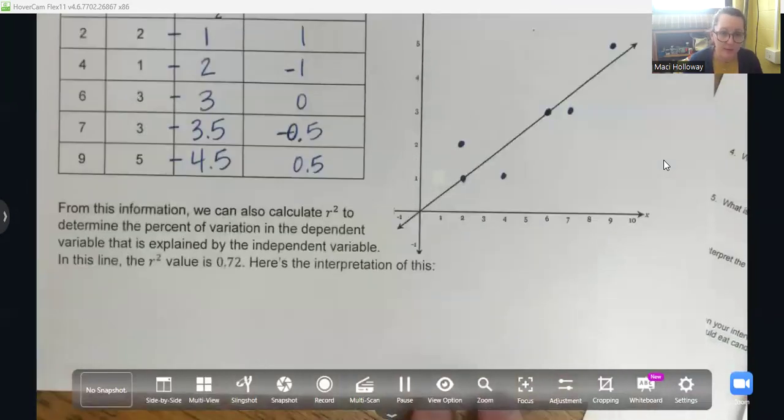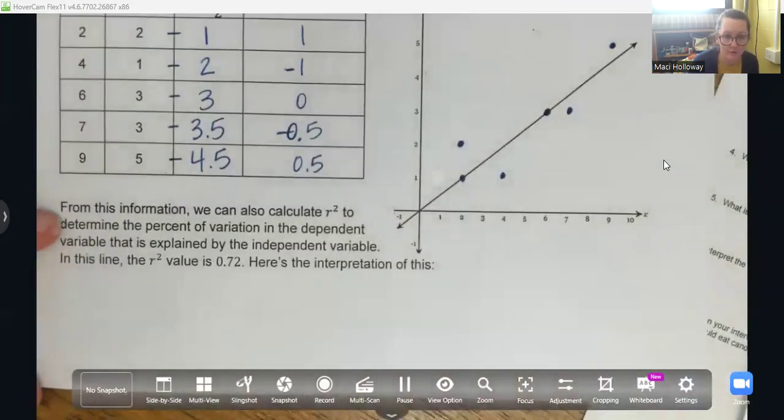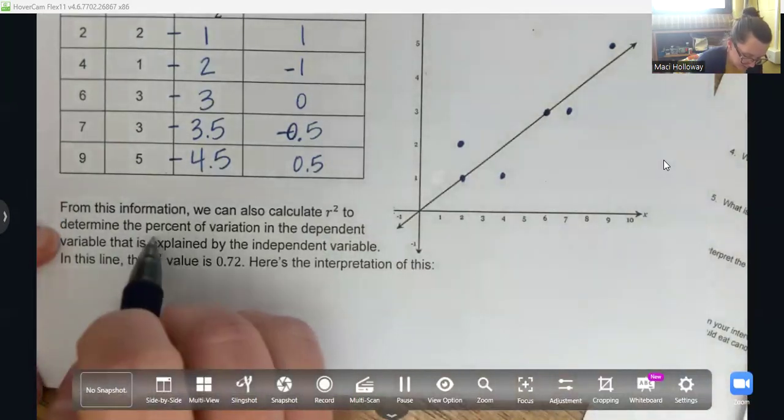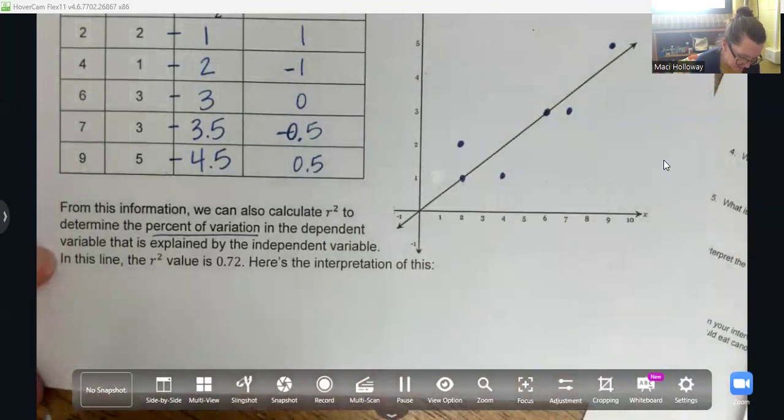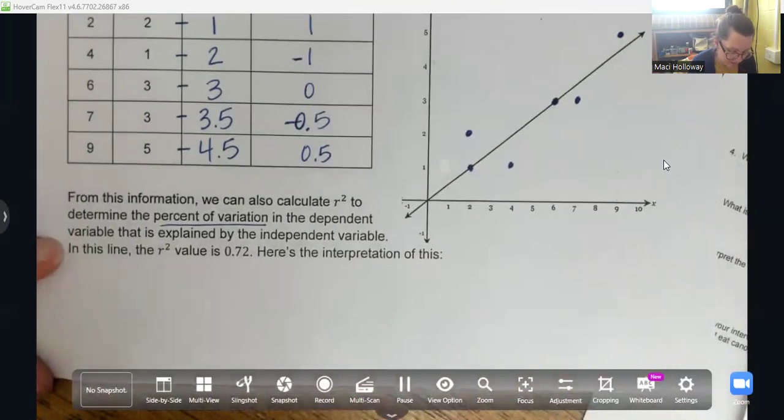So from this information, we can also calculate R squared, and I'll show you how to do that on the calculator to determine the percent of variation in the dependent variable that is explained by the independent variable.